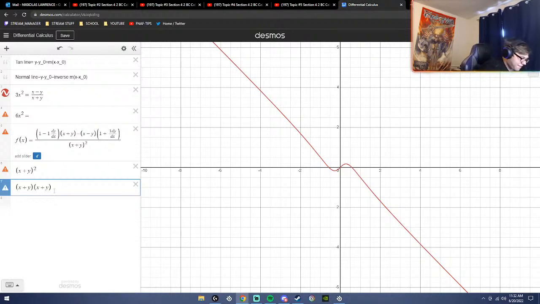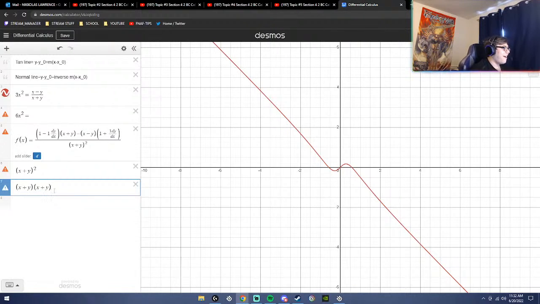This is stuff that I remember. So it'd be x squared plus xy plus yx, or xy. Let's just call it xy so we can combine them like terms. Plus xy, plus y squared. So then if we simplify, we get x squared plus y squared plus 2xy.